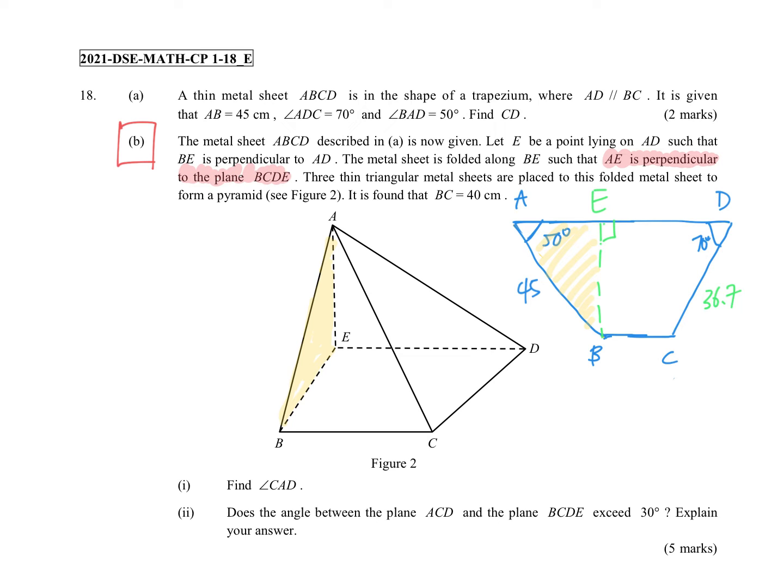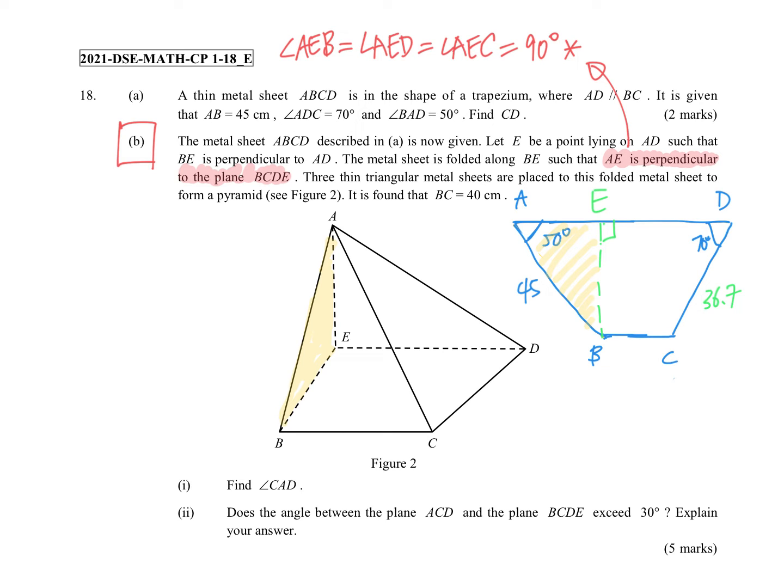So what does it mean? That means angle AEB is 90. Of course, angle AED equals angle AEC equals 90 degrees as well. That's very, very important.